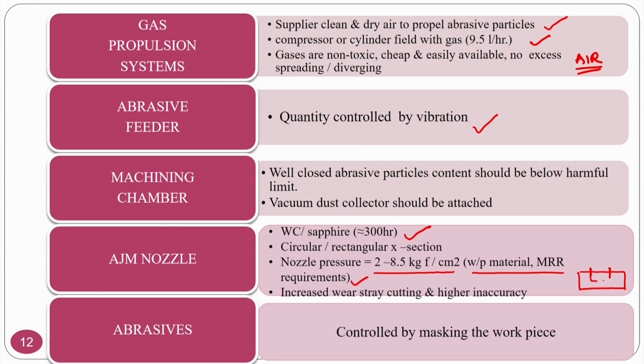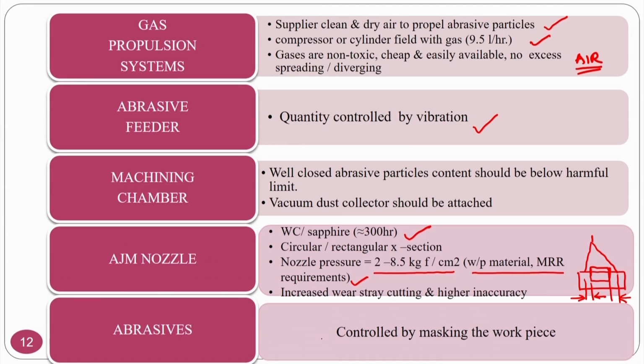As my nozzle is here, the jet diverges like this. Stray cutting means the extra, unwanted portion, which is called the stray. It goes beyond what I require as a customer or as a manufacturer. If I want a 5 centimeter hole and I am generating 5.2 or 5.3, that extra portion is the stray.